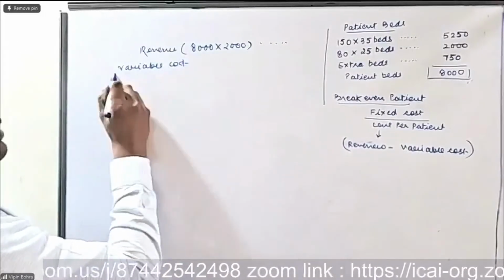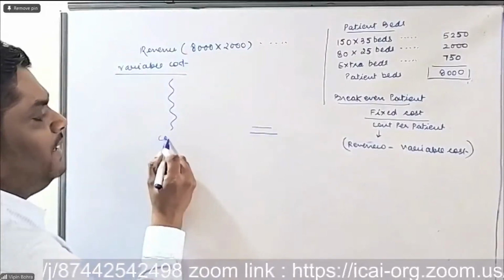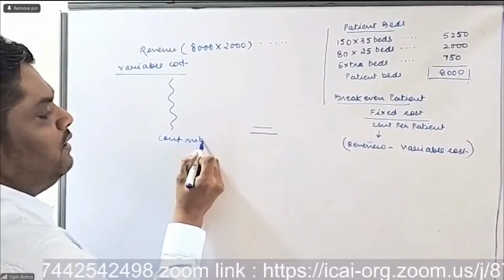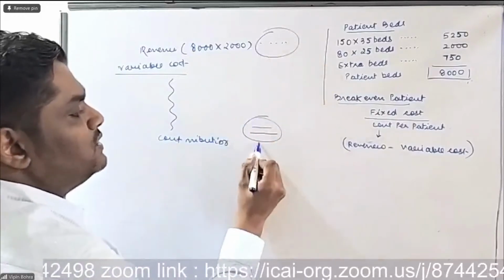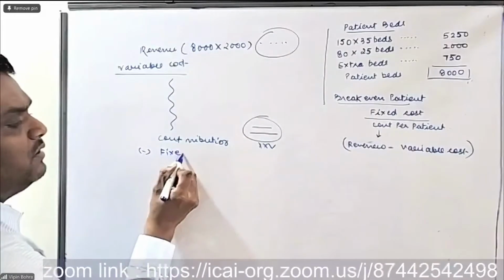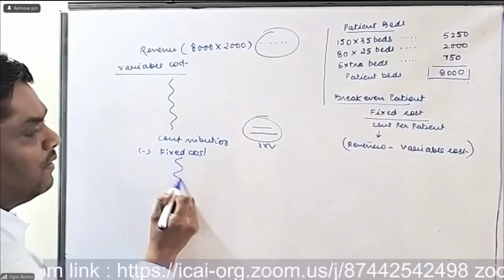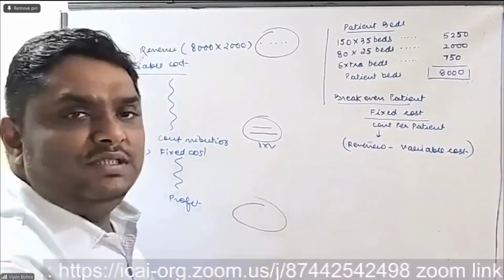Thereafter, we'll write down all the variable costs. So we'll get the total variable cost. We will get contribution, that is the revenue minus variable cost. If we subtract fixed cost, we'll get the final profit. So this is my first answer.